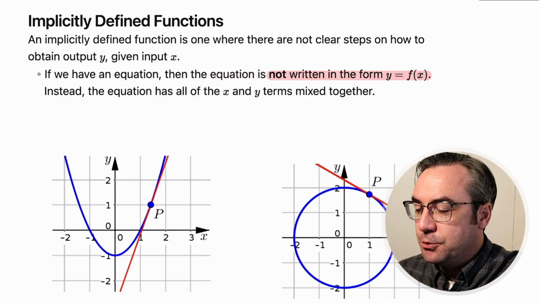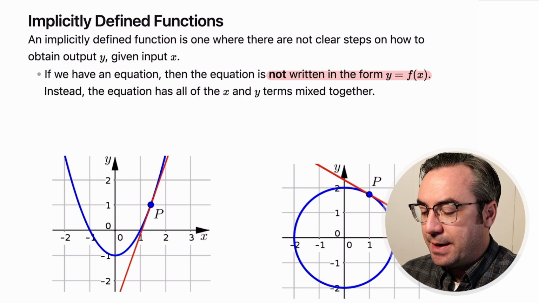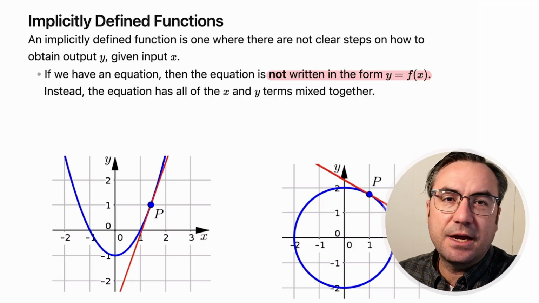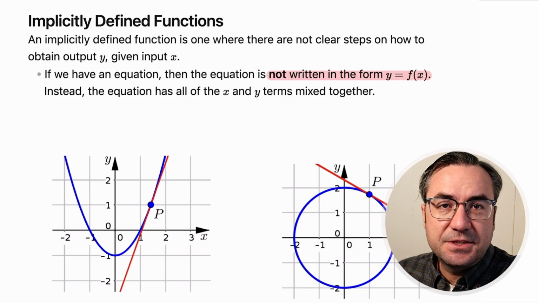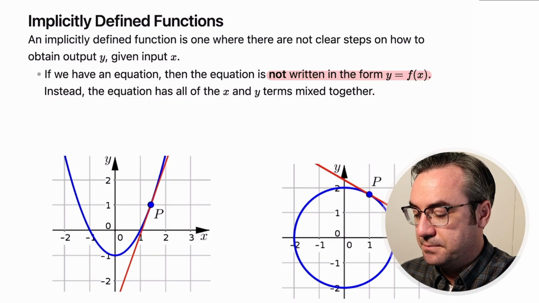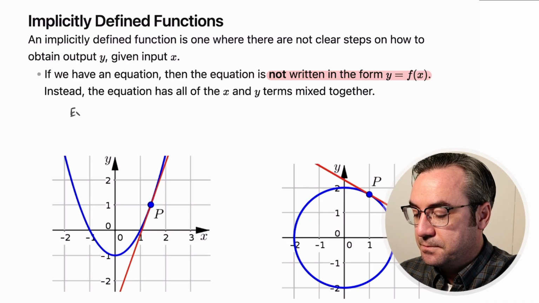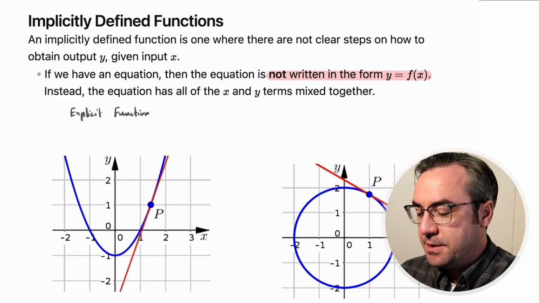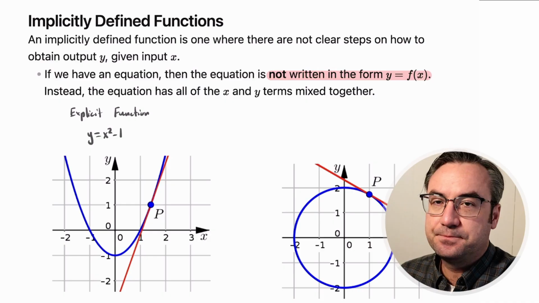Let's look at two examples. The first example is this parabola here. This is what we would consider the usual thing, since this graph is explicitly defining a function. The formula for this one is y equals x squared minus 1.